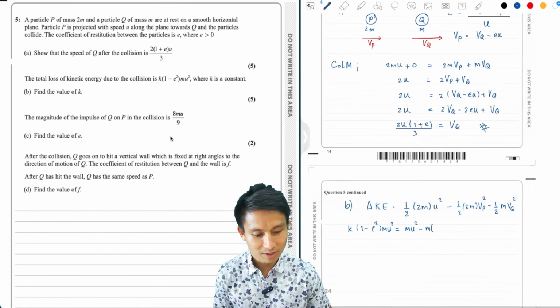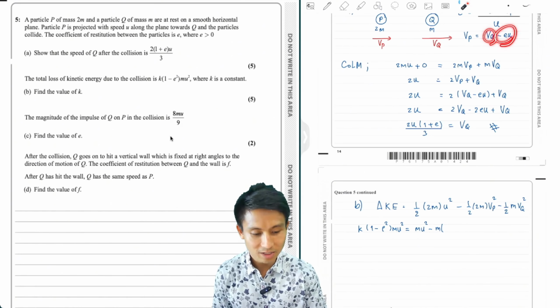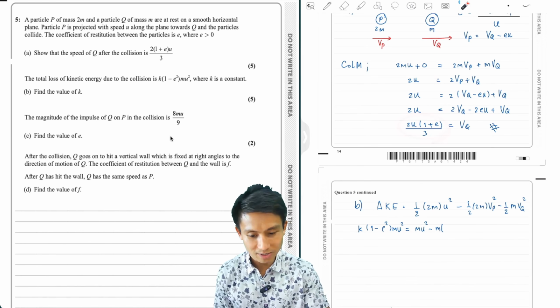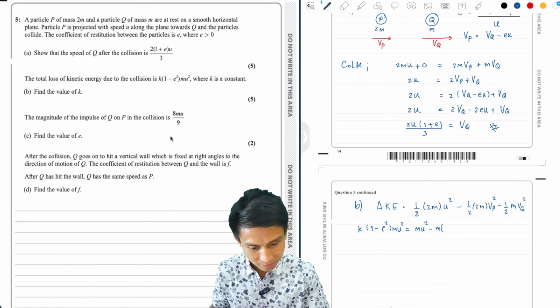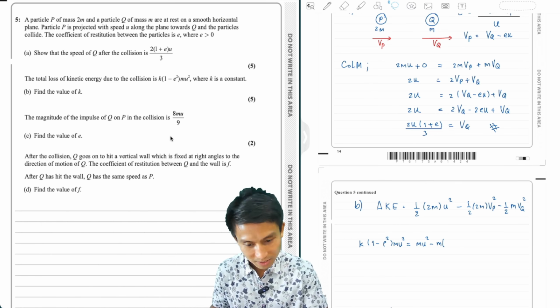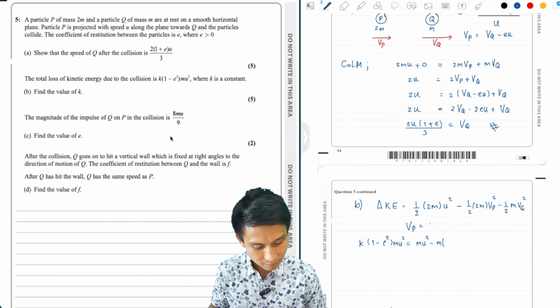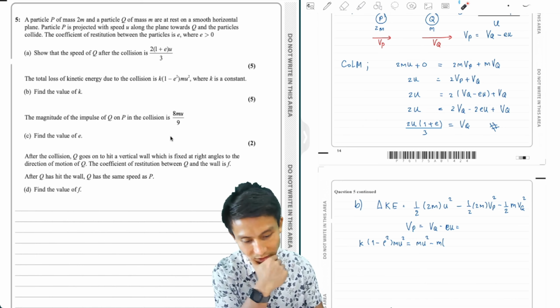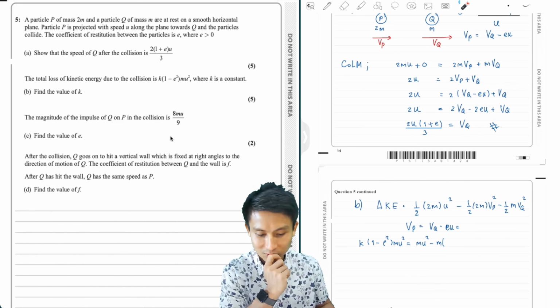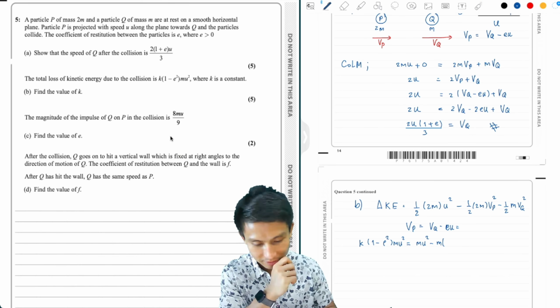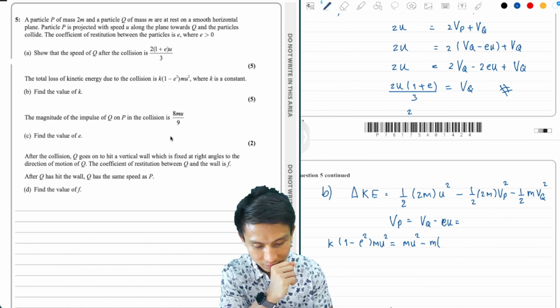What is vp? Vp is vq minus eu, but vq is that, right? So let's find vp here first. I'm just going to move down here so that I can find vp to plug in here. So vp is vq minus eu. That is 2u plus 2eu, right?